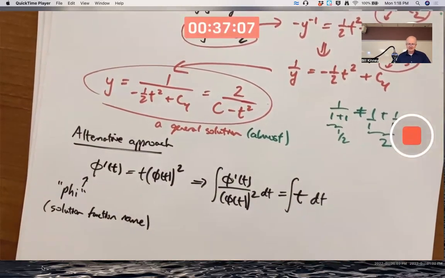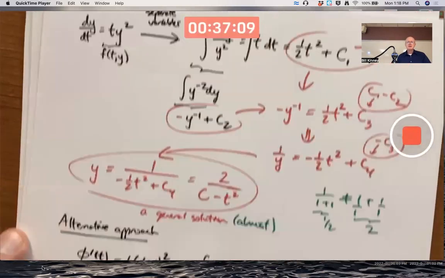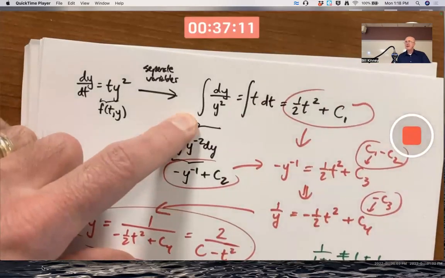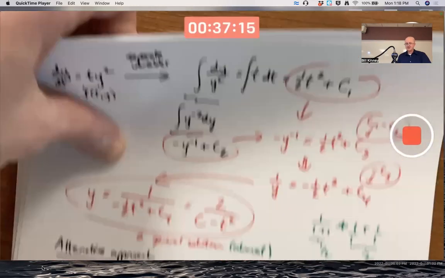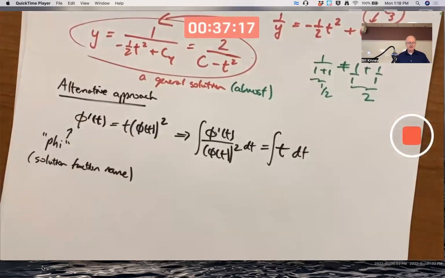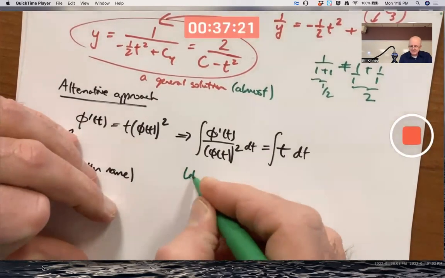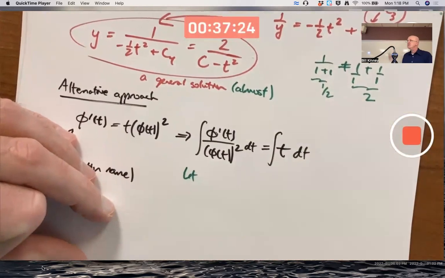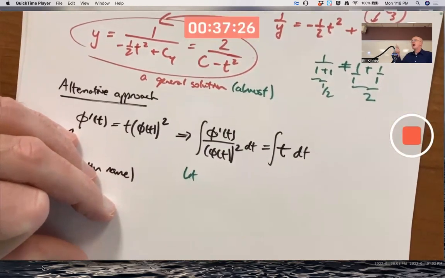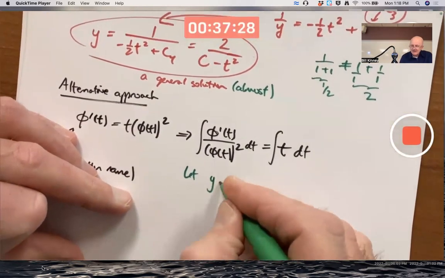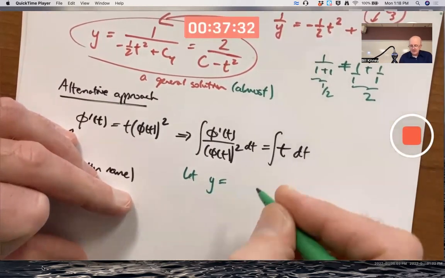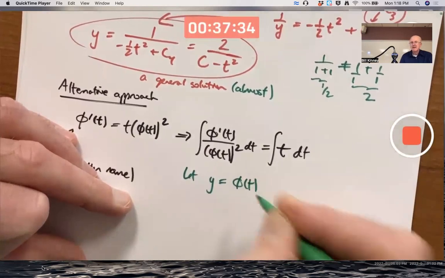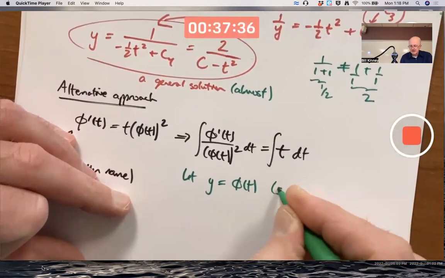But wait a minute. Is this okay? I mean, are we doing the same thing as we did up there? Yeah, we actually are, except without Leibniz notation. How can I relate it to the Leibniz notation? I could do a substitution. Actually, in the first section, I used a W. Let y equal phi of t. It's just a substitution.